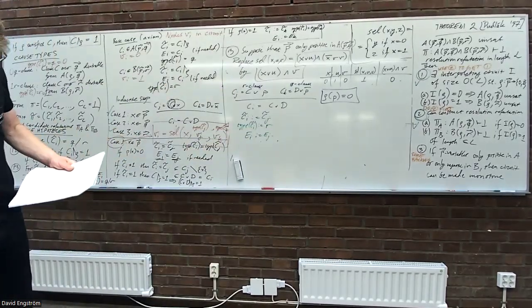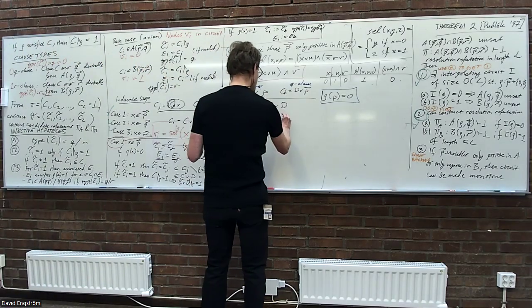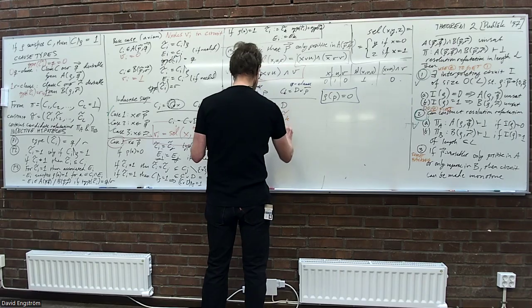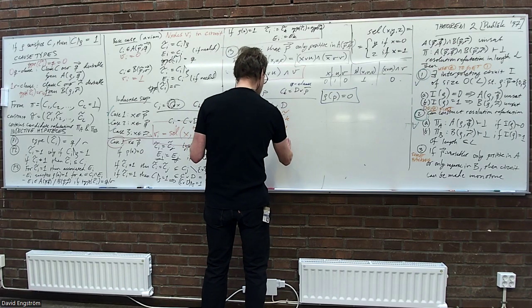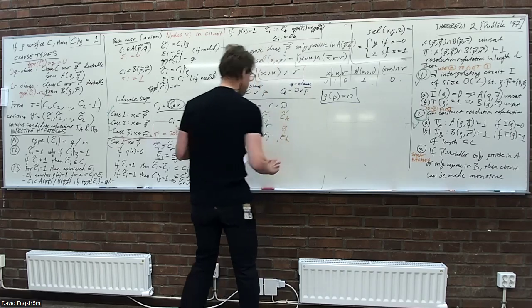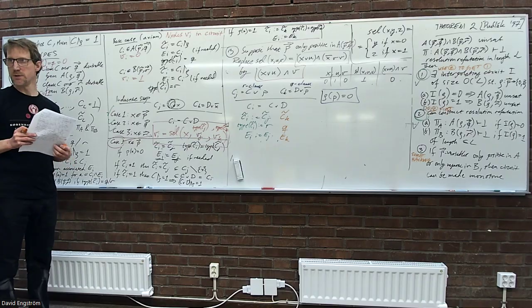And instead, what happened now is that we picked Ck tilde, and we got a Q clause, and we have Ek. Is that a problem?